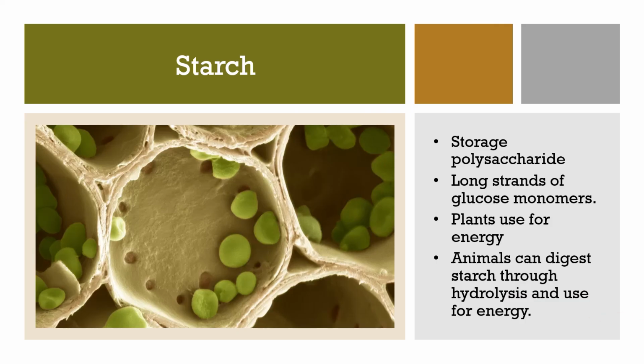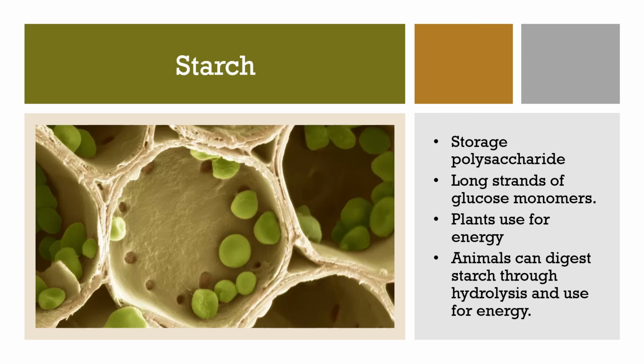So starch is a storage polysaccharide. It's going to be long strands of the glucose monomer, and this is what plants use for energy. Now, the plants are going to perform something called photosynthesis, where they make glucose, and they want to store the glucose in these long chains that they can then store, and this is called starch. Now, plants make it for themselves so that they can use it when they need it.